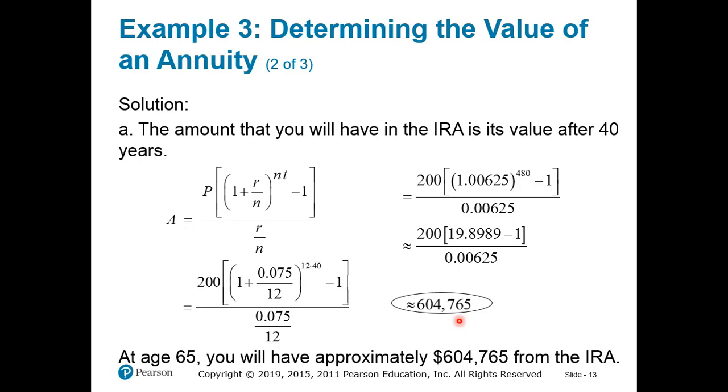Well, we've got to figure out what your total payments were. For 40 years, you deposited $200 a month. So how much is that per year? That's $2,400 per year over 40 years.